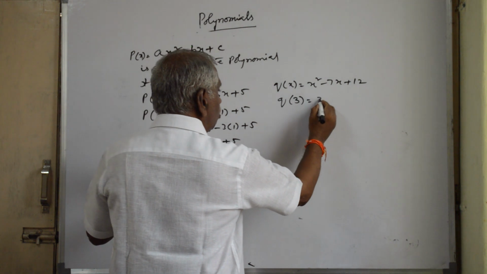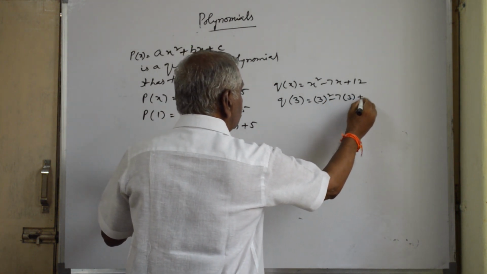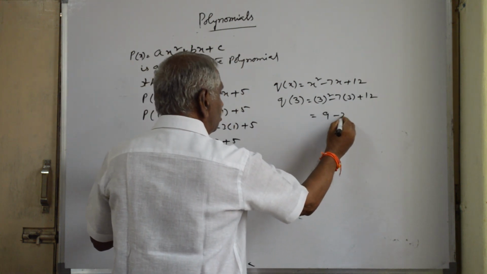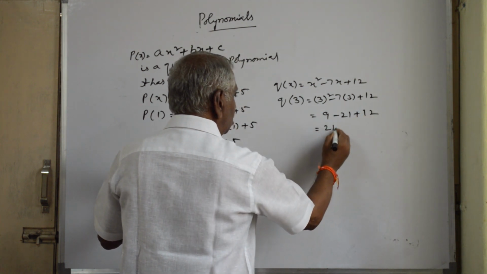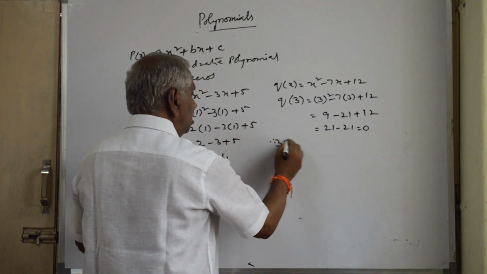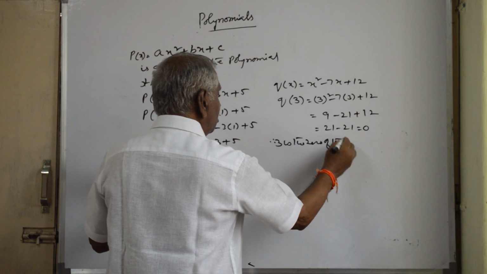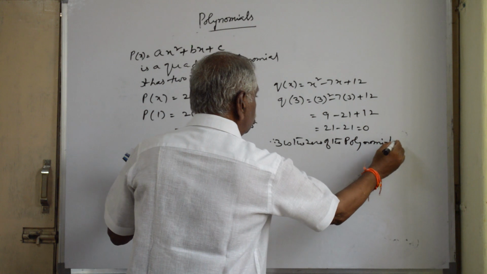This is 3 whole square minus 7 into 3 plus 12. 3 into 3 is 9, minus 21 plus 12. This is 21 minus 21, which is equal to 0. Therefore, 3 is the zero of the polynomial q of x.